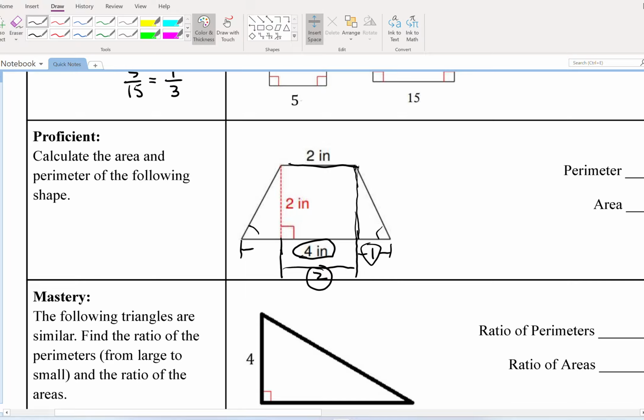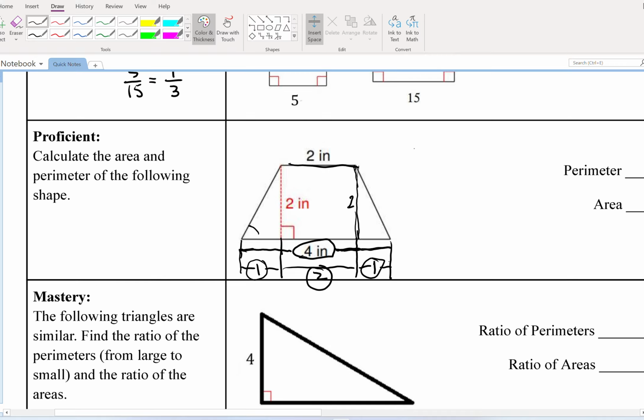Let's bring this down here so you can see that a little better. And so 4 is all the way across. This is 4 inches, and that's the same as 1 plus 2 plus 1. So this is 2 inches and this is 1 inch.